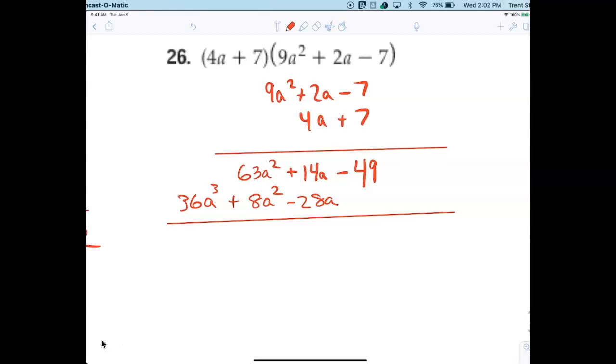Spread out. Write in block letters. It's easy. Finally, 36a cubed plus 71a squared minus 14a minus 49.